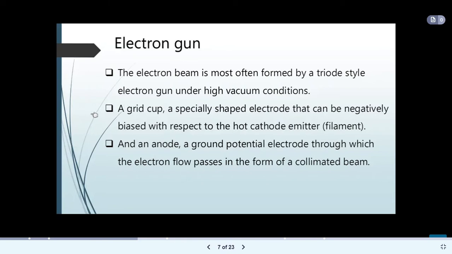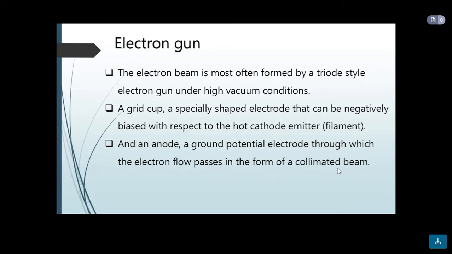That's why the shape of the cathode is a cup shape. And the anode, a ground potential electrode through which electrons pass in the form of a collimated beam. As we discussed, what is the function of the anode? The anode is used to accelerate the electrons.